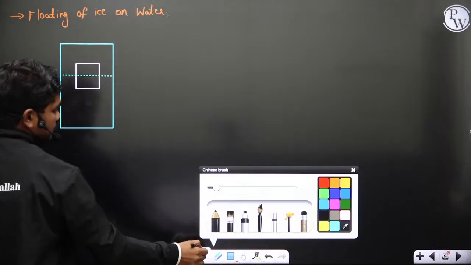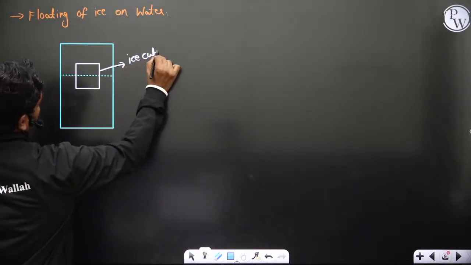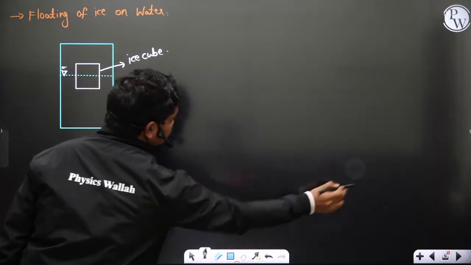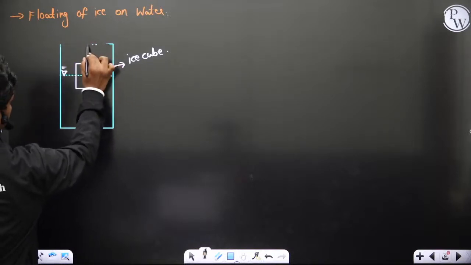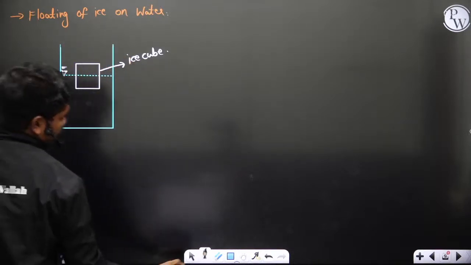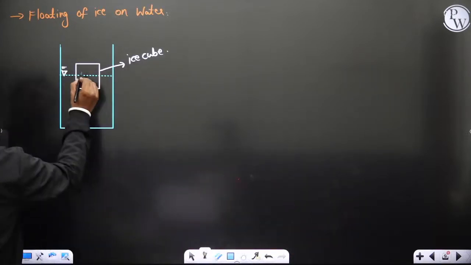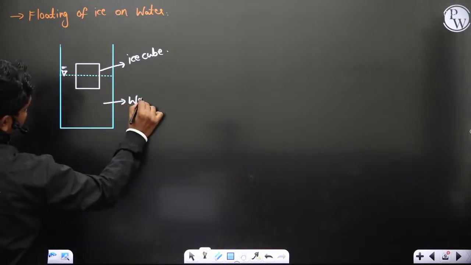So it's an ice cube which is floating, and this is the free surface of water. Let us suppose if you eliminate this line, for example. Fine. Okay, so this is what we have. Now clearly you can see this is floating and this is the free surface, and here we have water up to this particular point.